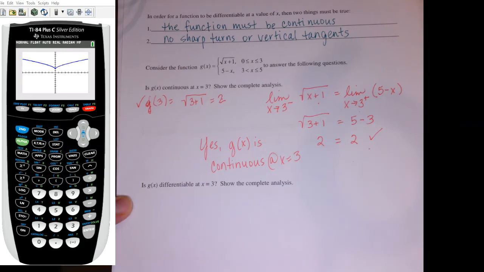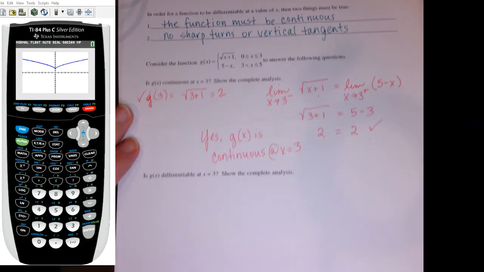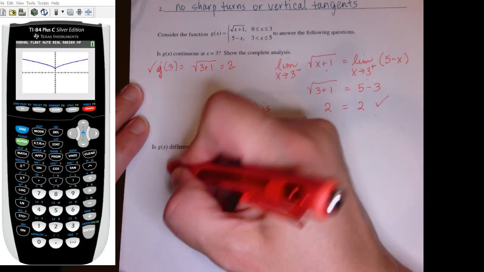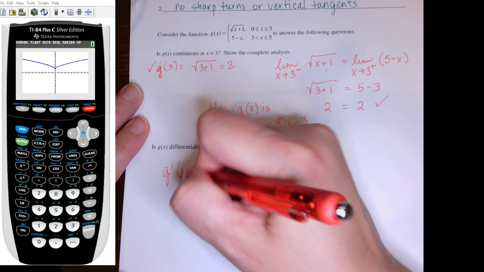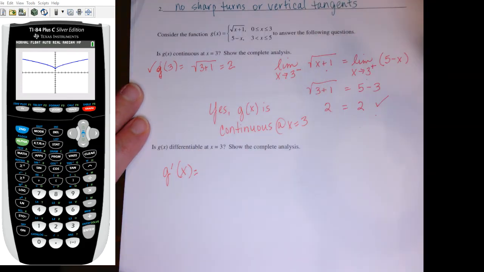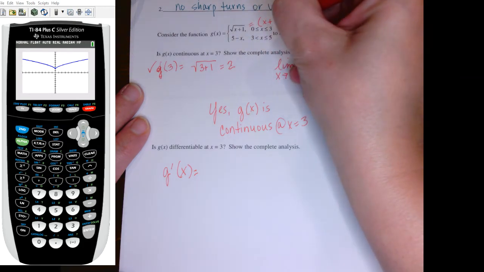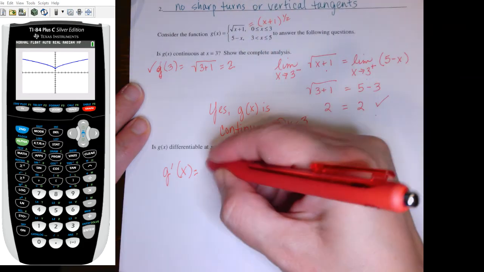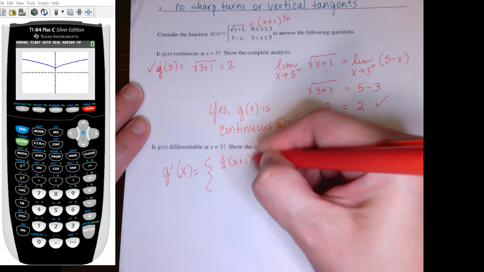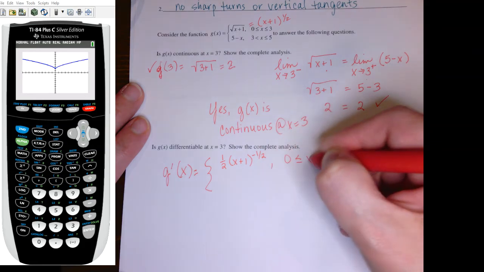Now, to determine if it's differentiable, when you have a piecewise function, you obviously have to take the derivative of the pieces. So the derivative of square root of x plus 1, we probably want to think of that as x plus 1 to the 1/2. That would be 1/2 x plus 1 to the negative 1/2 between 0 and 3.